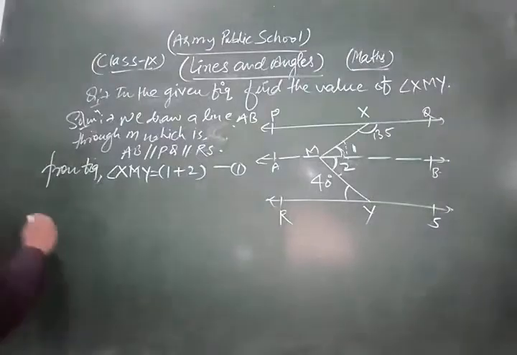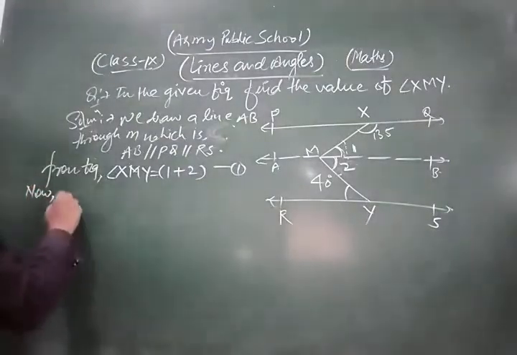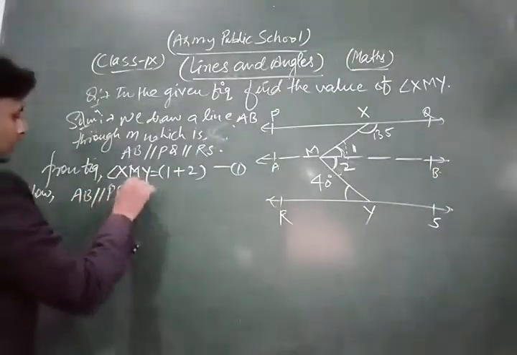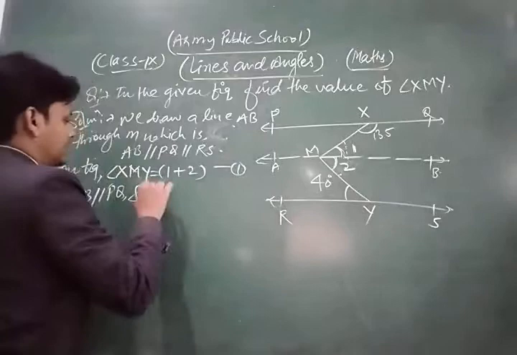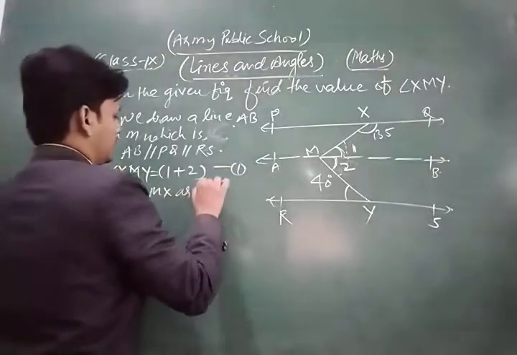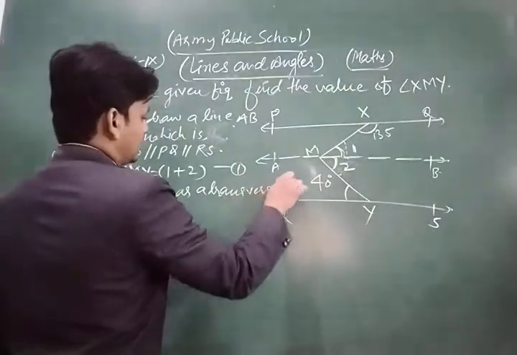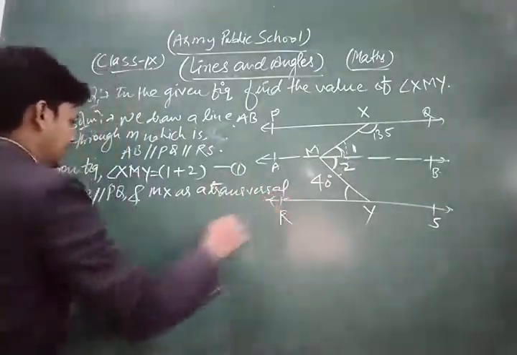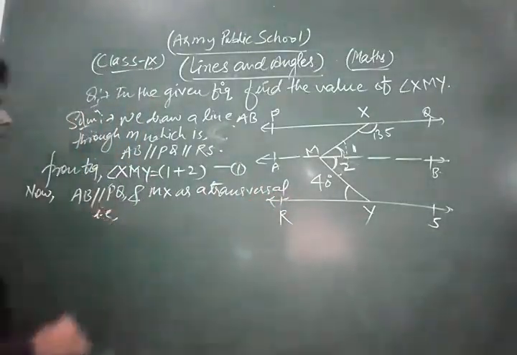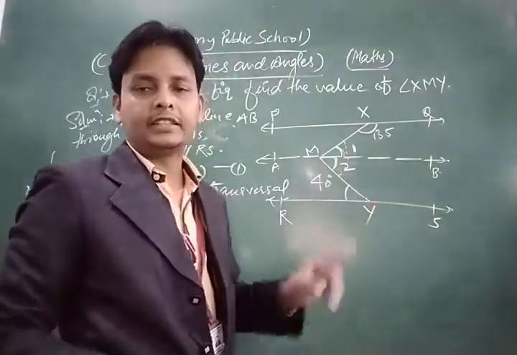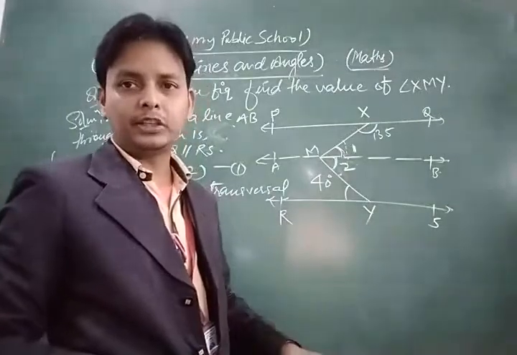Now look, dear friends, we take AB parallel to PQ and MX as a transversal. Angle 1 plus angle 135 form co-interior angles, and they are supplementary to each other.